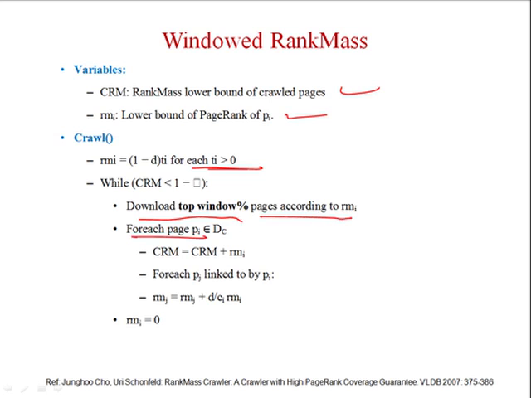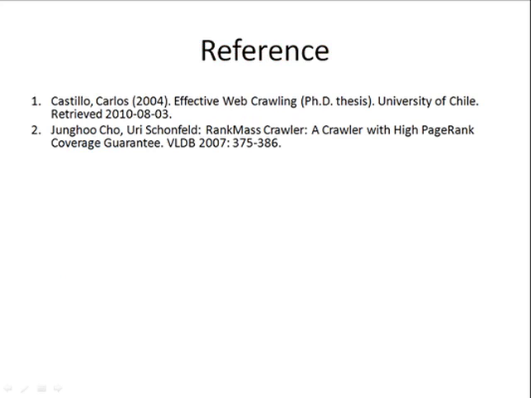For each page P_i downloaded, increase the value of CRM, and for each P_j linked to by P_i, calculate the rank mass of the added page and then set RM_i equal to 0, and then repeat this process, and then calculate the windowed rank mass of all downloaded pages. Thanks.